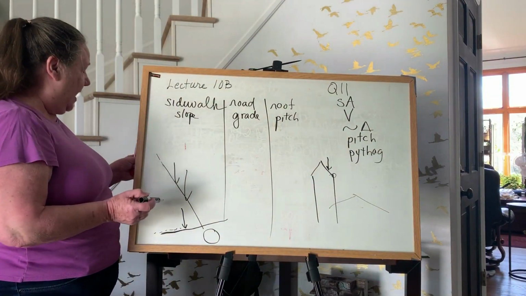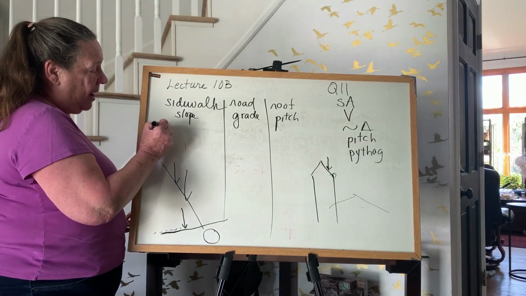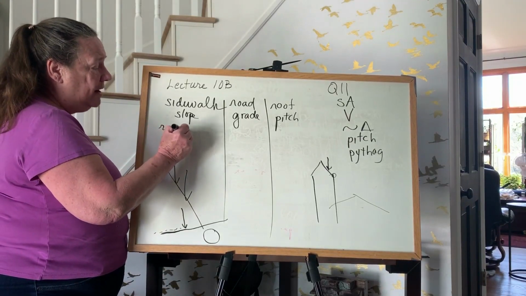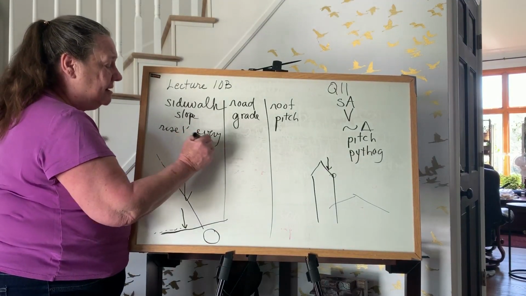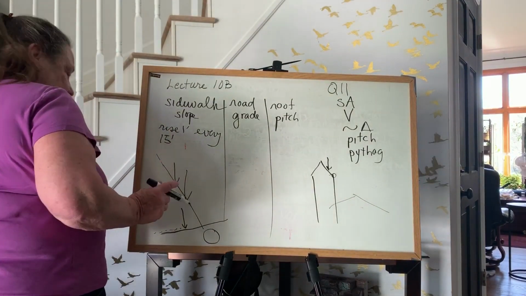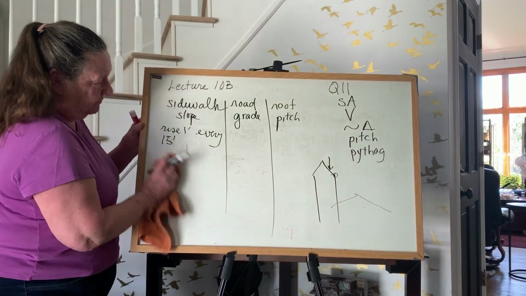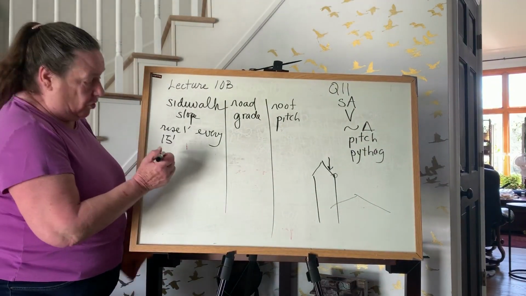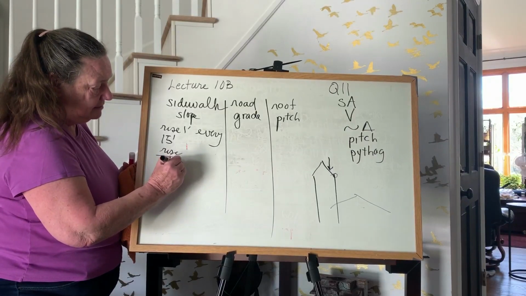So we have a sidewalk with a slope of, say, it rises 1 foot for every 15 feet that it runs. What does that mean? Okay, let me get some space here. You know what slope is. It's rise over run.